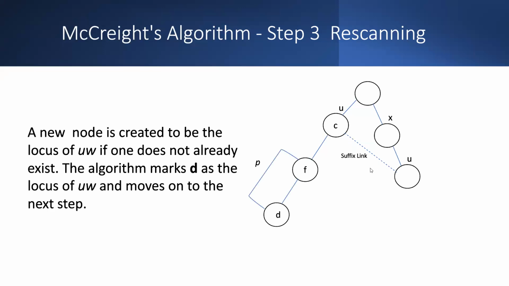In this case, it ends up being larger, so we continue to scan, and we come to an existing node called D, which is now the locus of UW, and we move on to the next step.